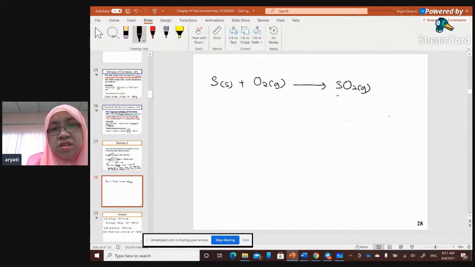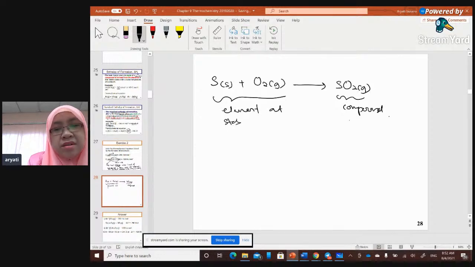So this is the compound. To write delta H formation, you must work from the back to the front. This is the element at stable condition, so you have to memorize it. Sulfur is solid. So here is one sulfur and oxygen 2.